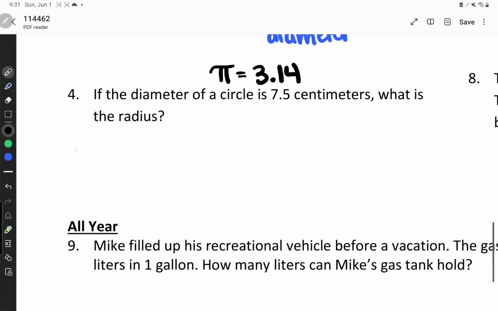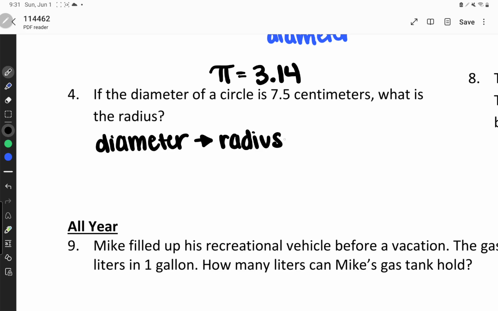All right, this says if the diameter of a circle is 7.5 centimeters, what is the radius? So it is asking us to go from diameter to radius. How do we go from diameter to radius? We divide by 2.